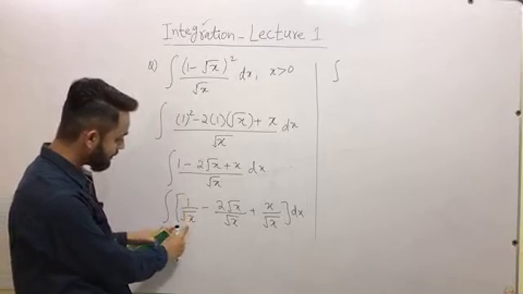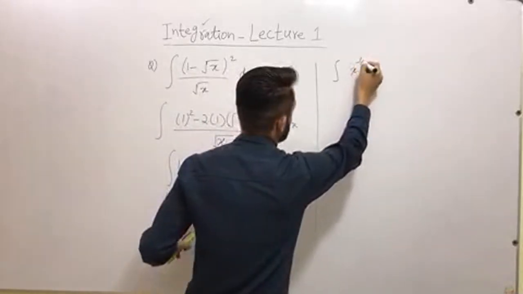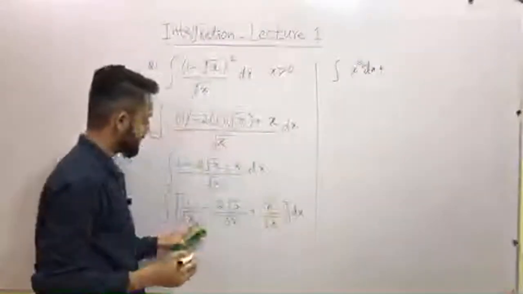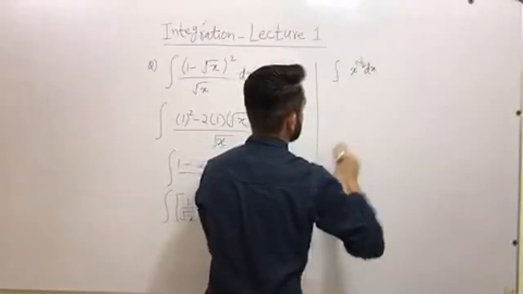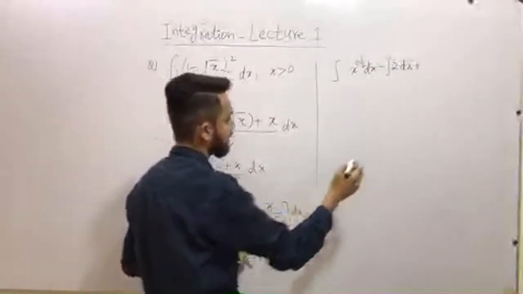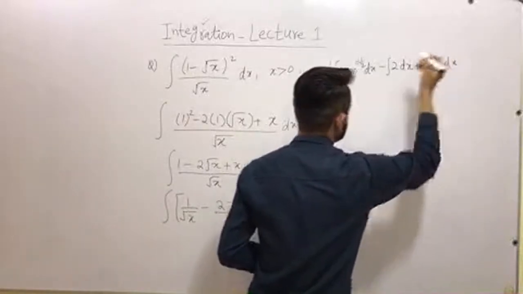Anyway, so 1 over square root x is going to be x power minus 1 over 2, and then this square root x will cancel, then we got minus 2 dx plus x over square root x can be written as square root x dx.